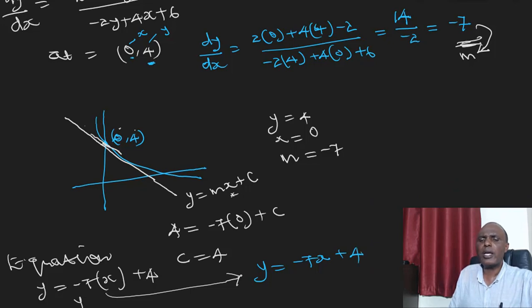And we can still rewrite it in another way, that is y plus 7x is equal to 4. That is the equation of the tangent that passes through that point, and the point is (0, 4).